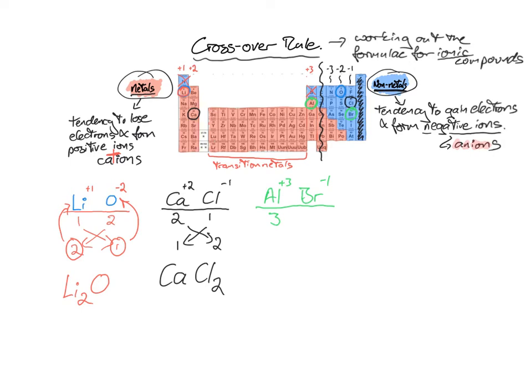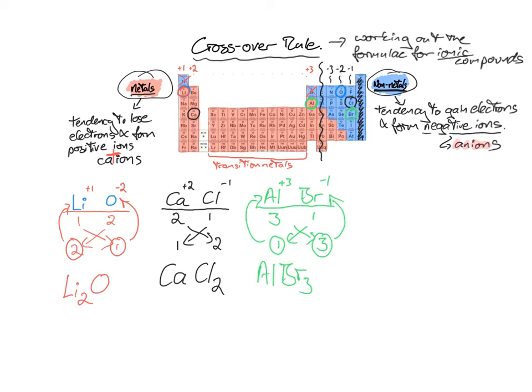Write the size of your charges underneath. Cross them over. It is always worth doing this in full, writing everything in. Otherwise, you'll end up making silly mistakes and getting confused, which is no good at all. So what have we got? Well, we've got 1 lot of the aluminium, Al, 3 lots of the bromide, Br3.